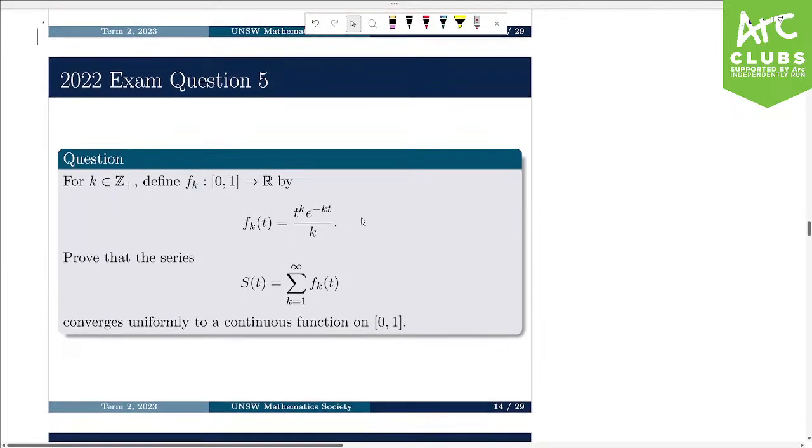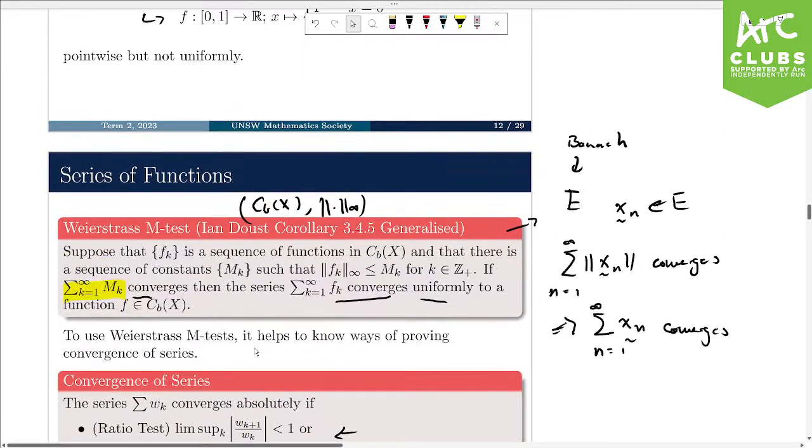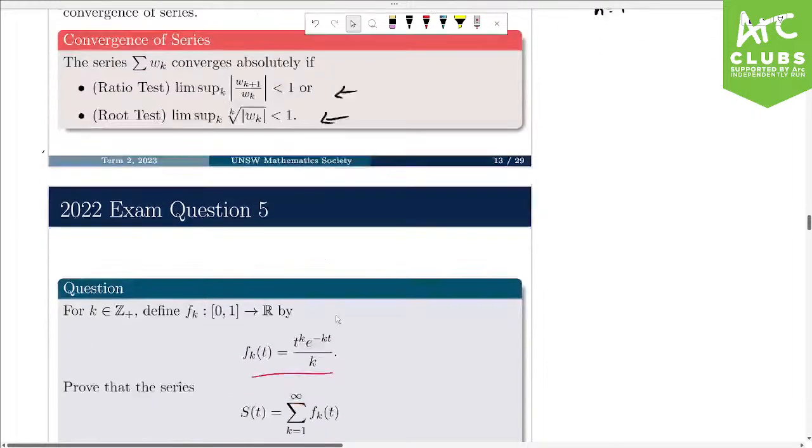Okay, so next example question from the 2022 paper. We have a sequence of functions defined like this, and we want to prove that this series converges uniformly to a continuous function. Uniformly to a continuous function is kind of a hint that the Weierstrass M-test could be useful.